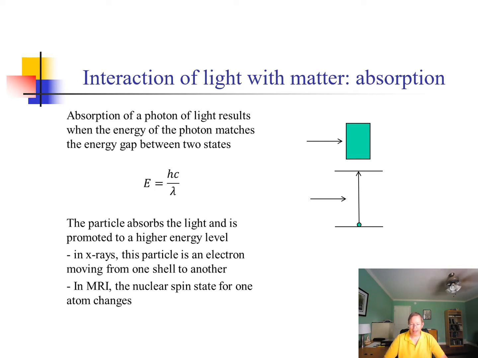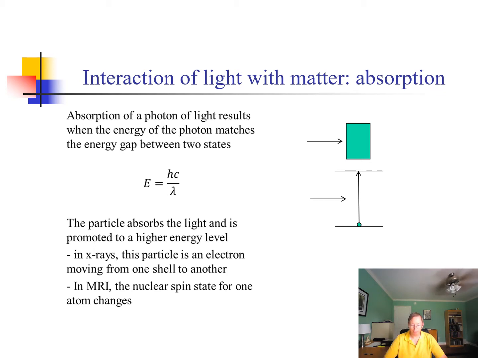When that energy or that photon or that wavelength of electromagnetic radiation or light interacts with matter, one of the things that can happen is that it can be absorbed. So I have a pictorial right here where I have a piece of matter shown as this block. Light will come in, but it does not get transmitted. And that means that there is some change within the matter.